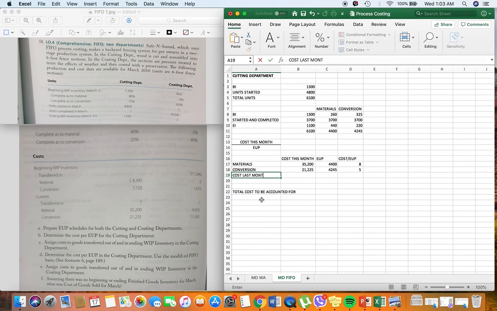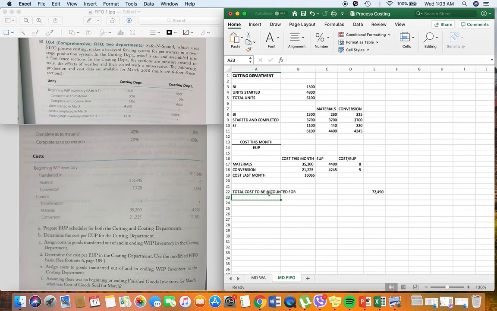So, our cost last month is 8,345 plus 7,720, and we get 16,065. So the total cost to be accounted for is equal to 72,490.